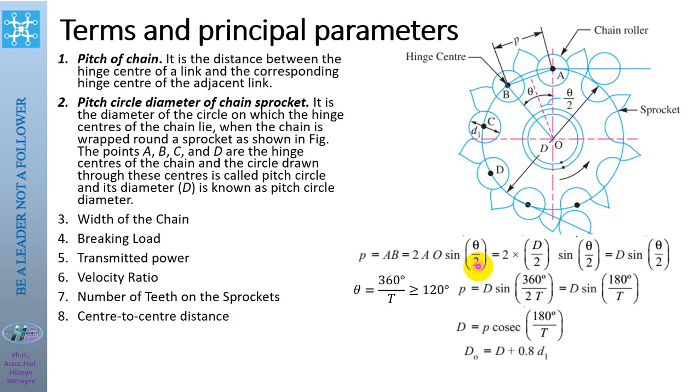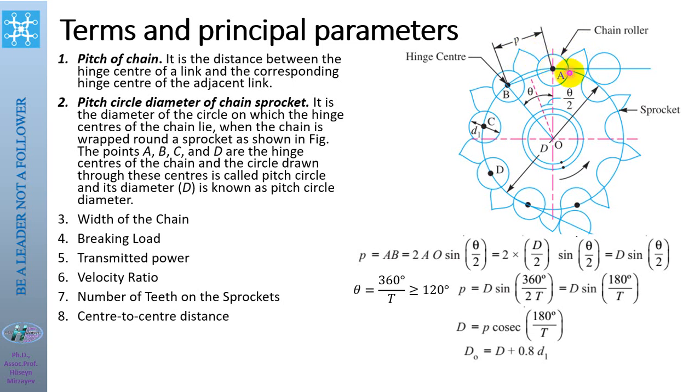The main parameter of the chain, as we said, is the pitch. This dimension is the pitch, denoted as P or T, from the center of one axis to the adjacent axis on the chain, or the distance between two teeth on the sprocket.